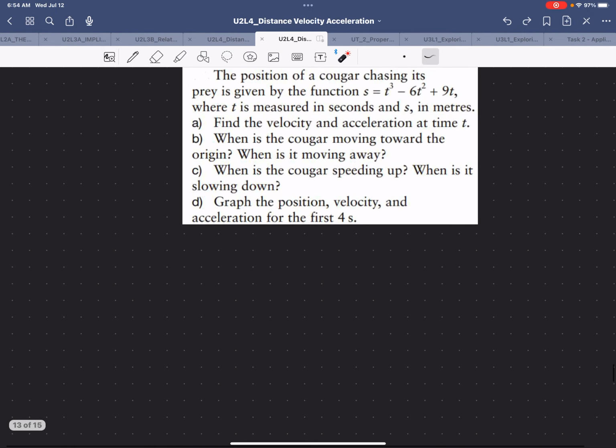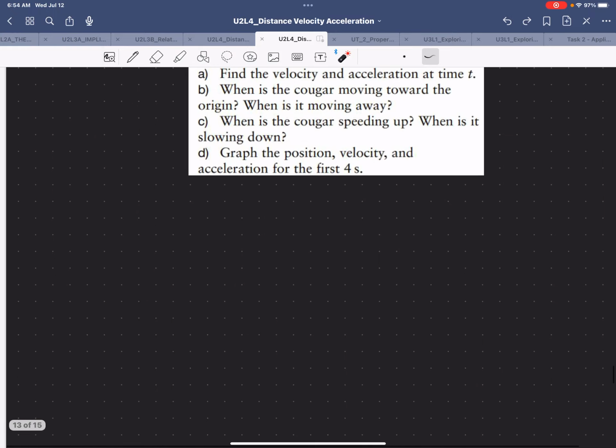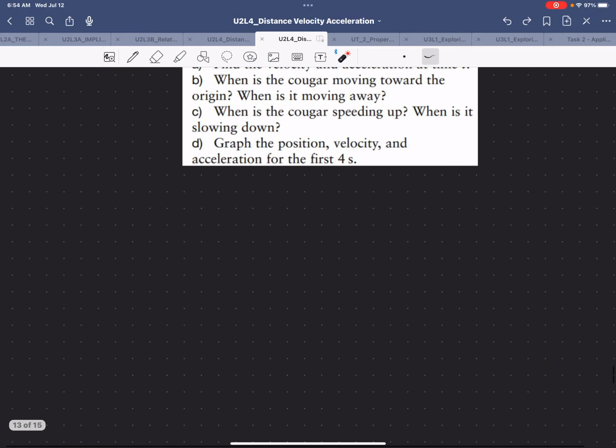So next we'll take a look at determining the time intervals when the cougar was speeding up or slowing down. The process of analyzing speeding up or slowing down motions is very similar to moving away, moving towards. But this time, what we look into is the product of acceleration and velocity.